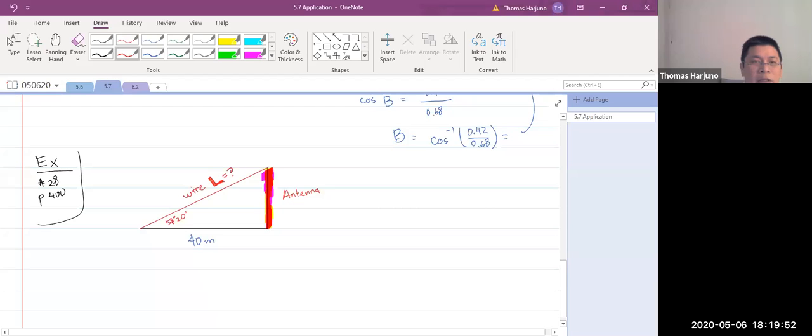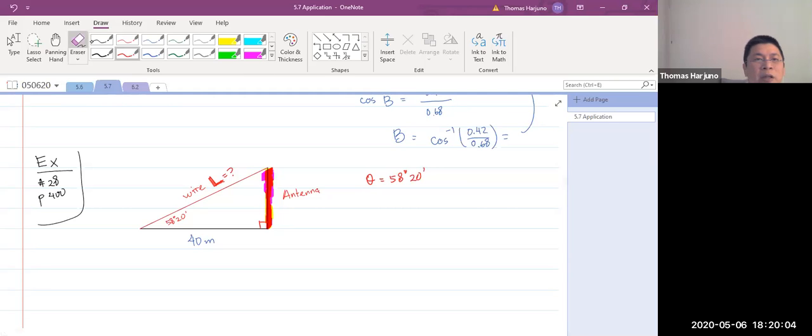Now notice that we have a right triangle already here, right? The angle theta is 58 degrees 20 minutes. Let's make it into decimal first. That's 58, and 20 divided by 60 is 1/3.